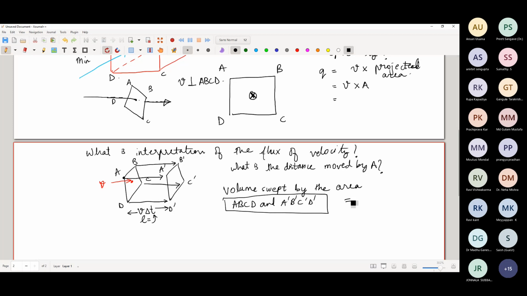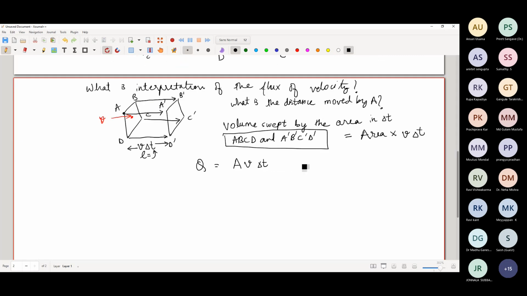A times V delta t. So it will be the area times V delta t. Very good. So the volume swept in time delta t is equal to area times velocity times delta t. This is the expression for the volume swept in time delta t.